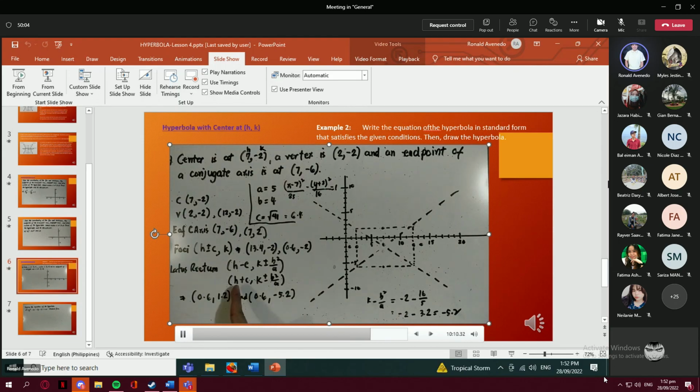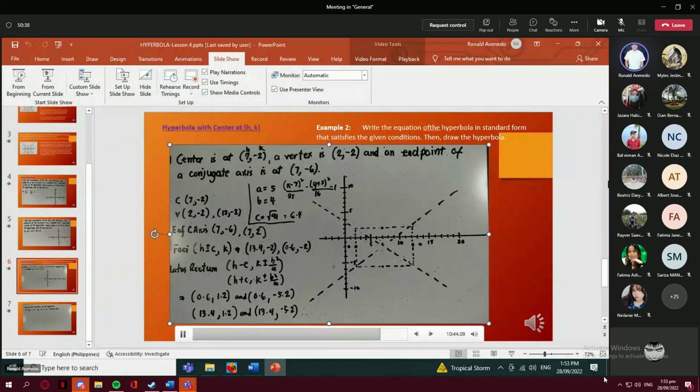The second pair is H plus C. H plus C is 13.4. Then same 1.2. Then the other one is 13.4, then negative 5.2.